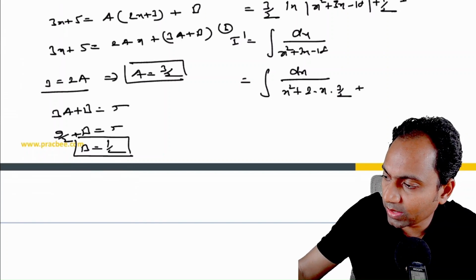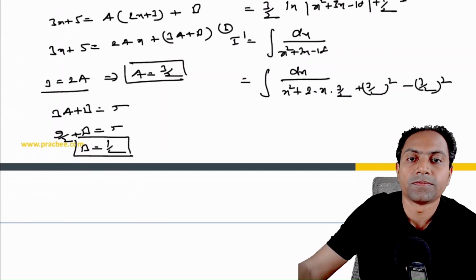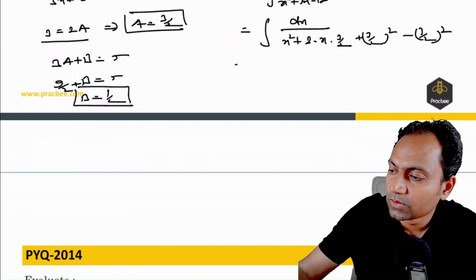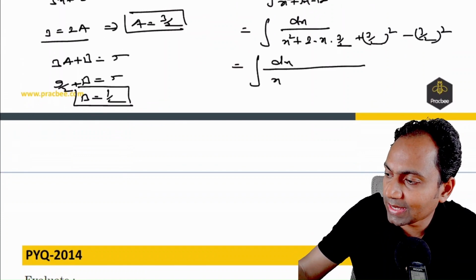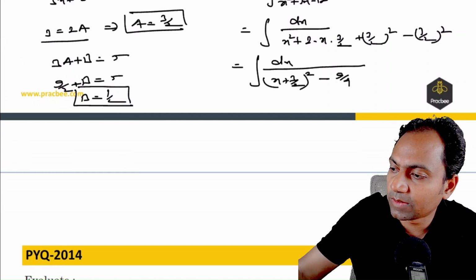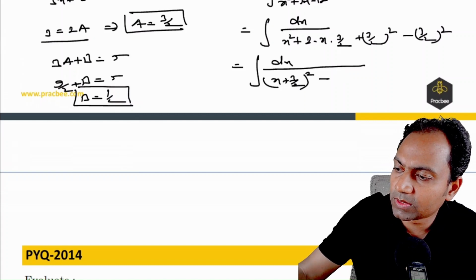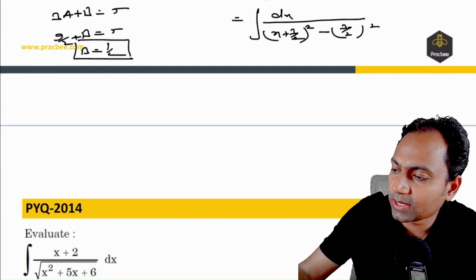And then you will have to add 3 by 2 whole square and then subtract 3 by 2 whole square. If I do so, the value that it generates is nothing but x plus 3 by 2 whole square minus 9 by 4, or 3 by 2 whole square. There is no problem in this. And we have got our standard form. So this is the integral that we already know.